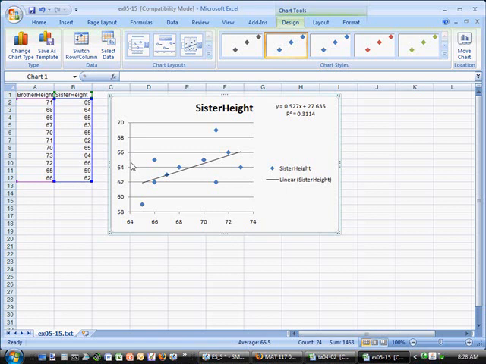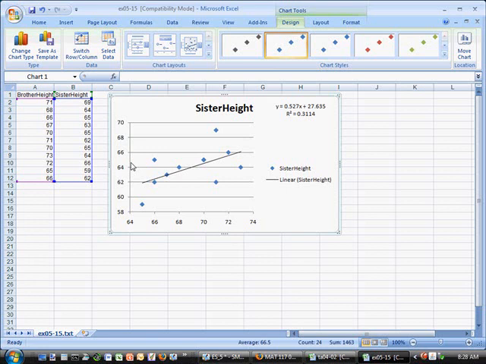But usually when they ask you to predict, there's not going to be one in the table, and so you're going to have to just do this line thing. Did you get what her question was? It was a good one. In this case, since there already are two brothers with 70 in the list, couldn't we have just read down and said the sister's probably going to be 65? A little different answer, though, than what we got, right?